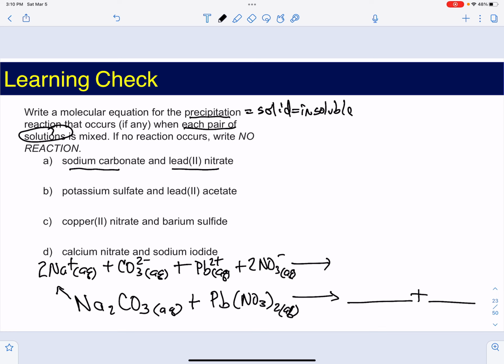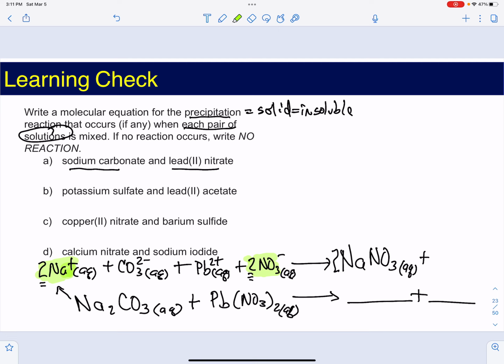So once more, I'm going to take the positive one and combine it with the new negative. The new negative is the nitrate. So that's going to give me NaNO3, but there's two of them, so I'm just going to put a 2 there, and that takes care of also the two nitrates. And according to the solubility table, this is going to be soluble or aqueous.